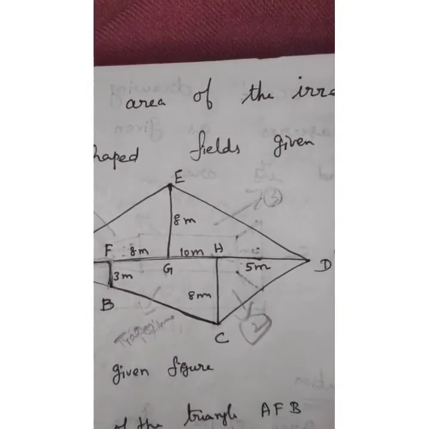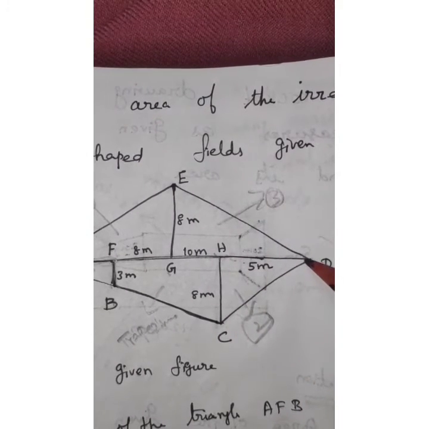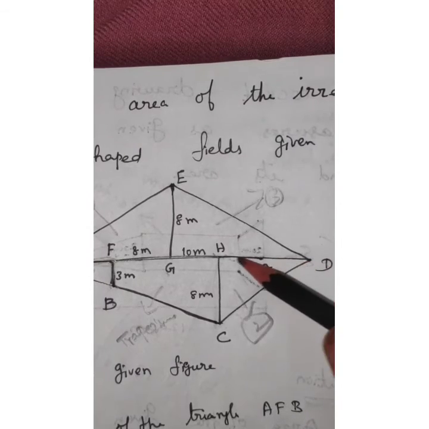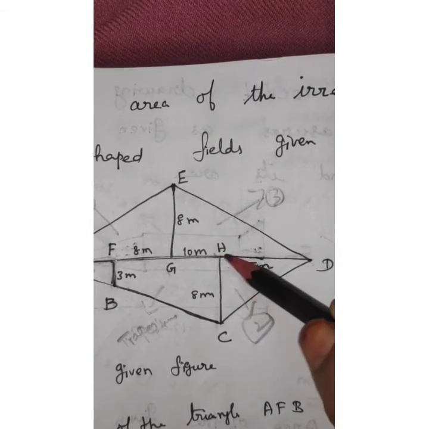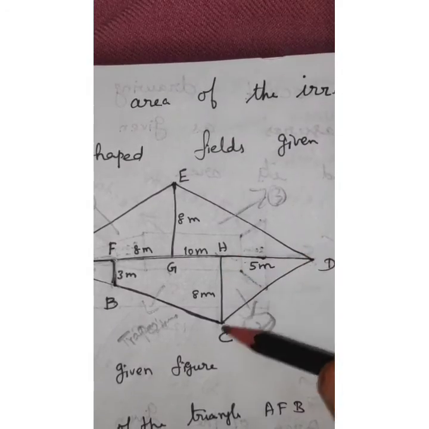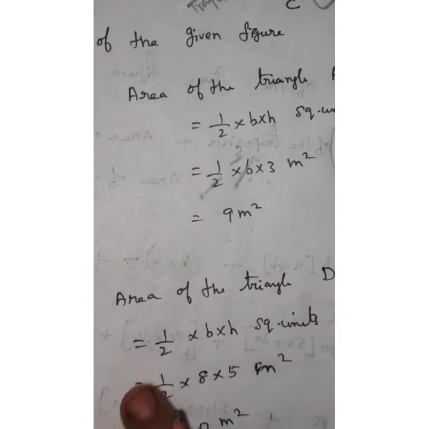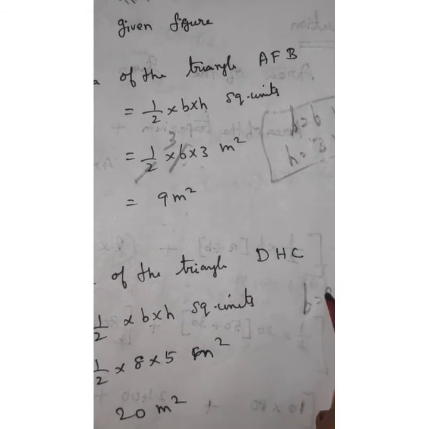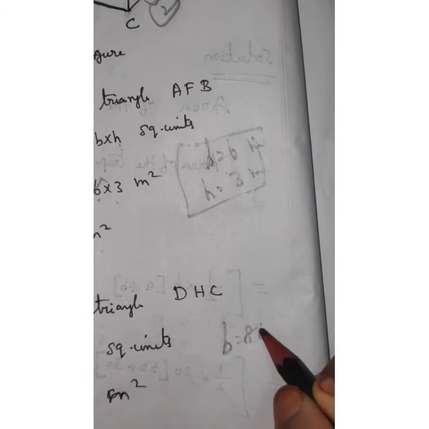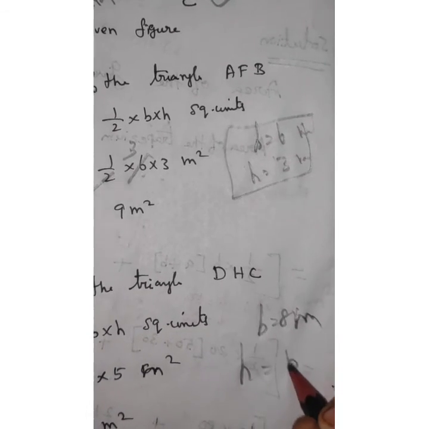Second step, DHC, another triangle. Height equal to 5 meter, base equal to 8 meter. Area of the triangle DHC equal to 1 by 2 into B into H. B value equal to 8 meter, H value equal to 5 meter.